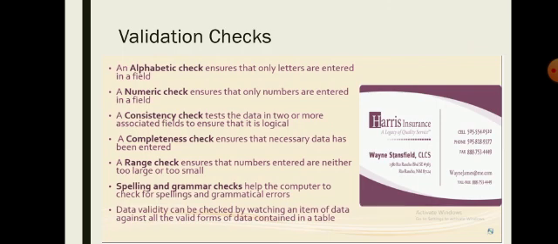Okay, so the second one is your consistency check. A consistency check tests the data in two or more associated fields to ensure that it is logical. For example, the delivery date of an order cannot be earlier in time than the order date.